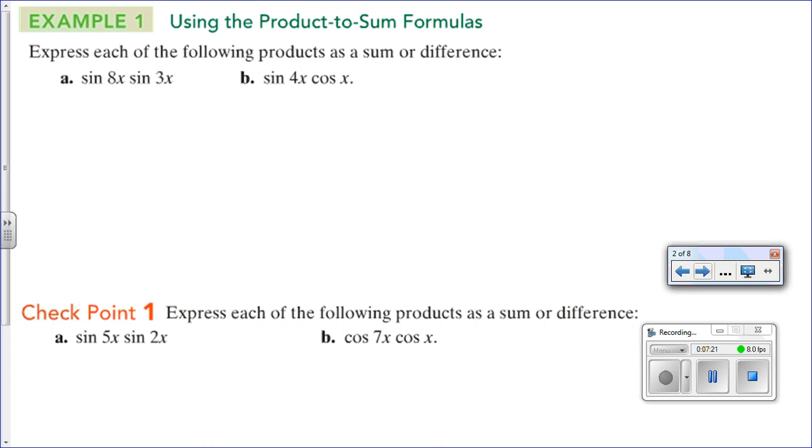Okay. So let's see. From formulas 1, 2, 3, 4, which one are we going to use for part A? Formula 1, right?